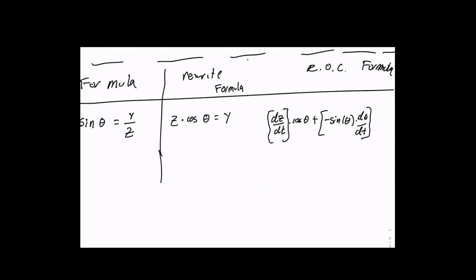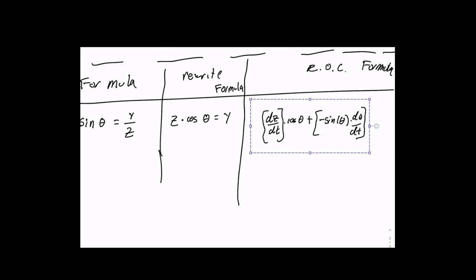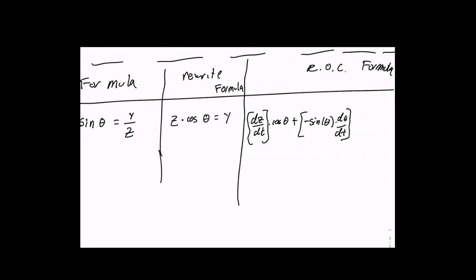We're not adding a theta. So negative sine theta, and then the chain rule portion of it is times d theta dt.